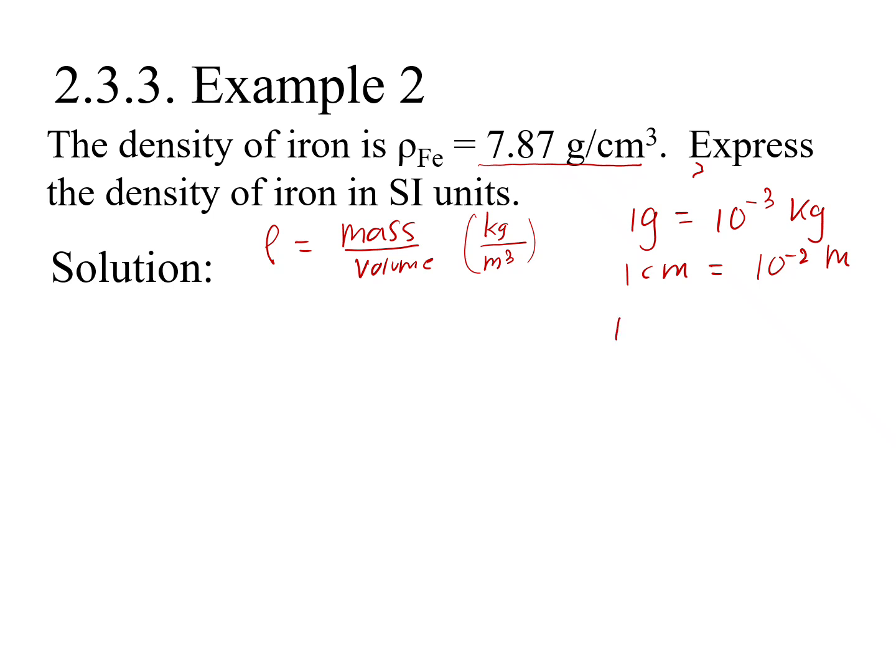So 1 centimeter cubed is equal to 10 to the power minus 2 meter cubed. We get 1 cubic centimeter is equal to 10 to the power minus 6 cubic meter.